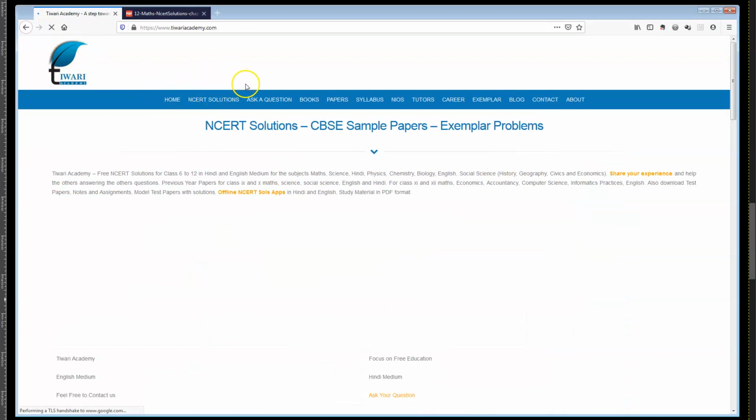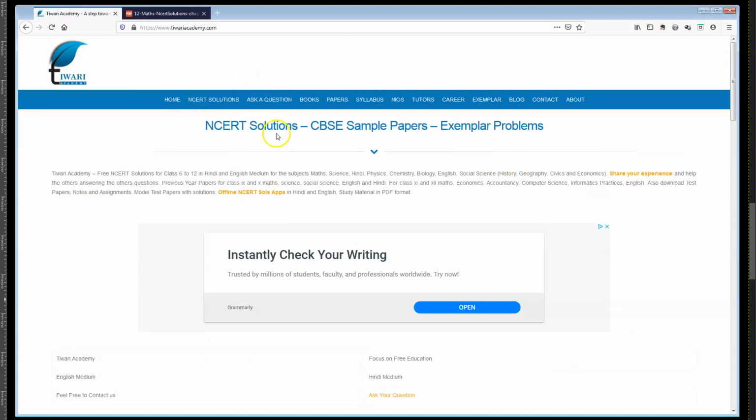All of the solutions related to these NCERT problems, all of the solutions that you can find on almost all of the websites on the internet, are exactly the same. But on some of the websites, the way they have been presented is better than on others.